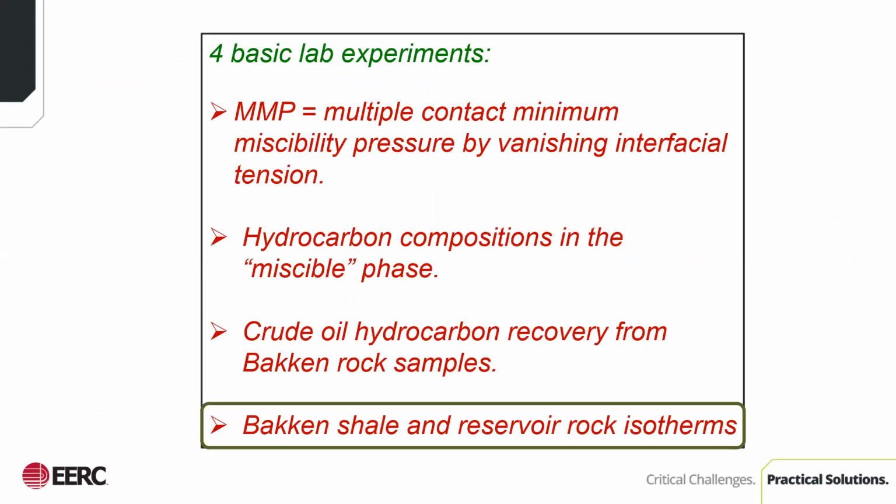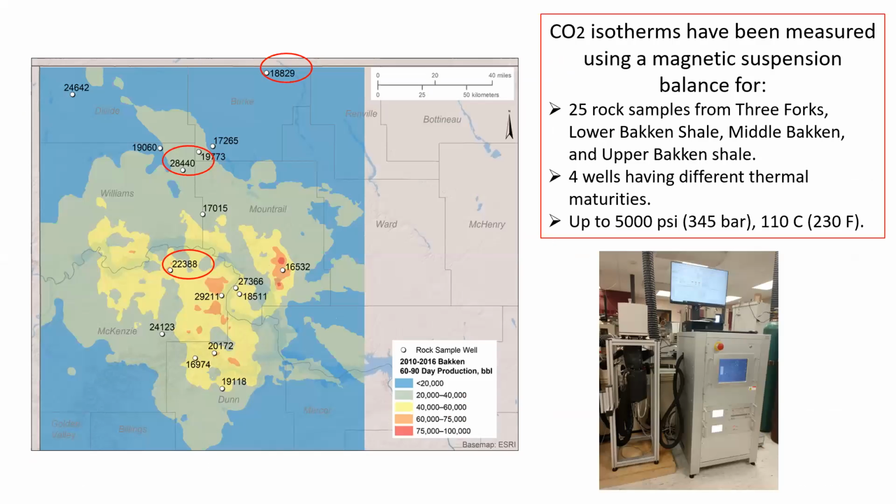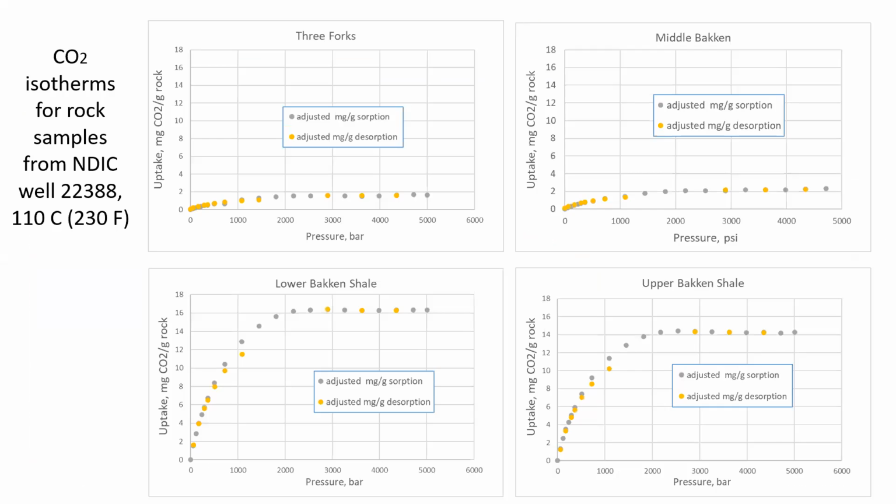Finally, some isotherms. How much can you store? Basically, how absorptive are these things? This is with a magnetic suspension balance. This is 3 of the well locations. We have one more in there that the commercial operator doesn't want to show. These are typical results.